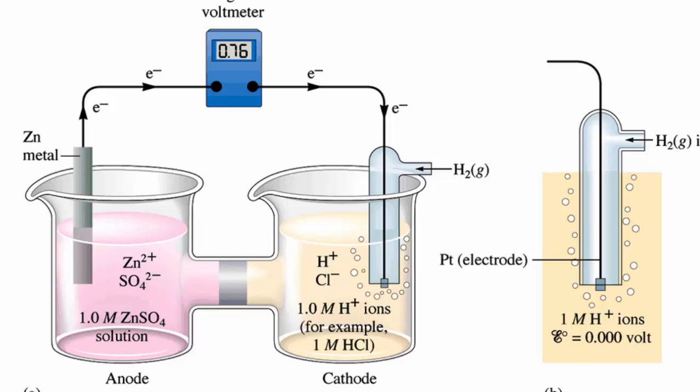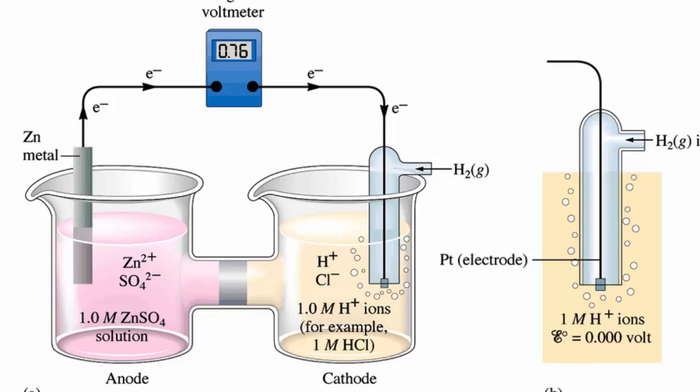Notice on this one, the anode, I've got my zinc 2 plus ions and sulfate ions. So I've got a solution of 1 molar zinc sulfate. And the electrode that I've chosen is made out of zinc metal. I can do that. I can use the metal that is in my solution as long as the reduction produces that metal when it's reduced.